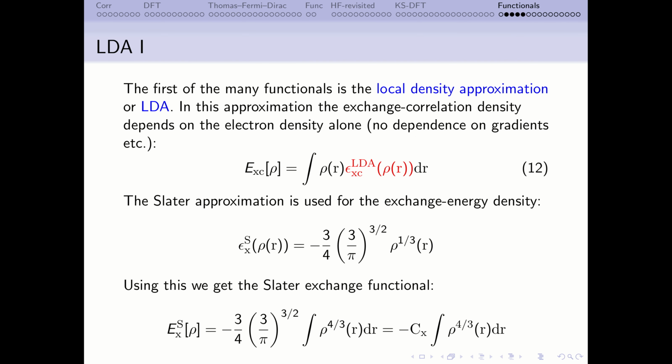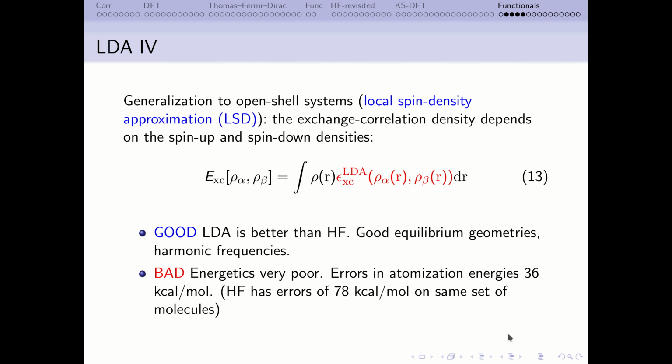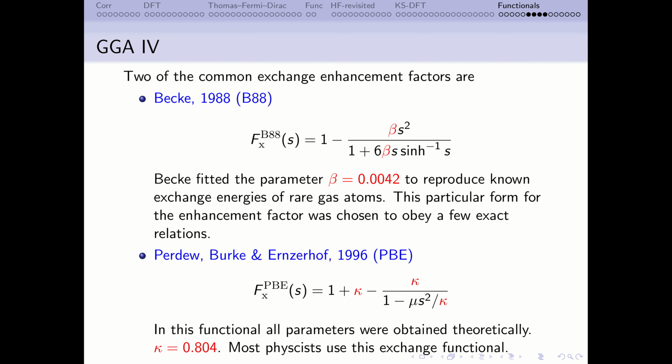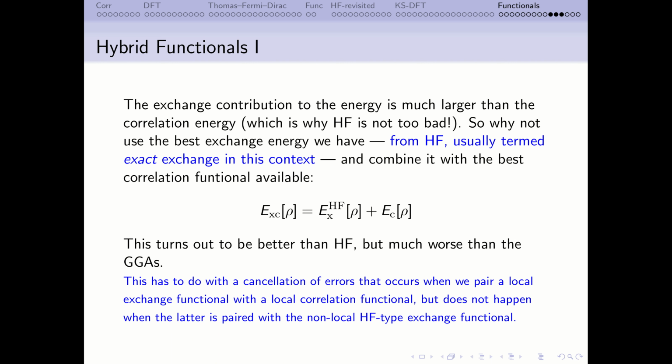Why go to this local exchange functional, which is much simpler for sure? Look at this. I mean, this is just rho to the 4/3 integral. That's it. There's no orbitals in there. But the Hartree-Fock functional, in many ways, and we'll see this again later, has very good properties.